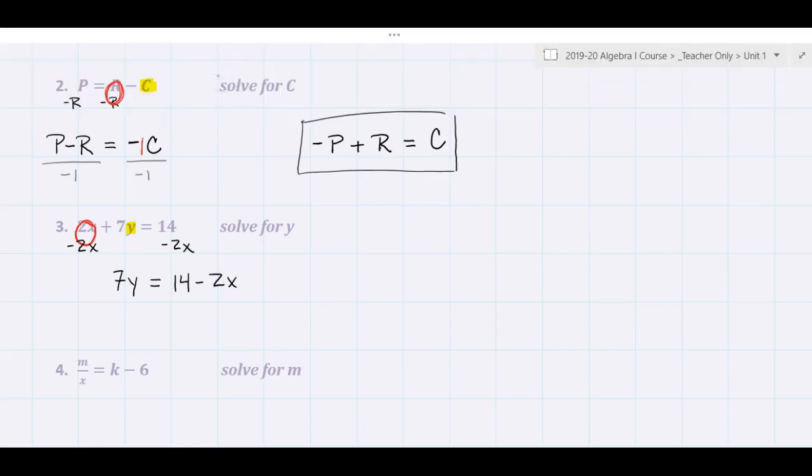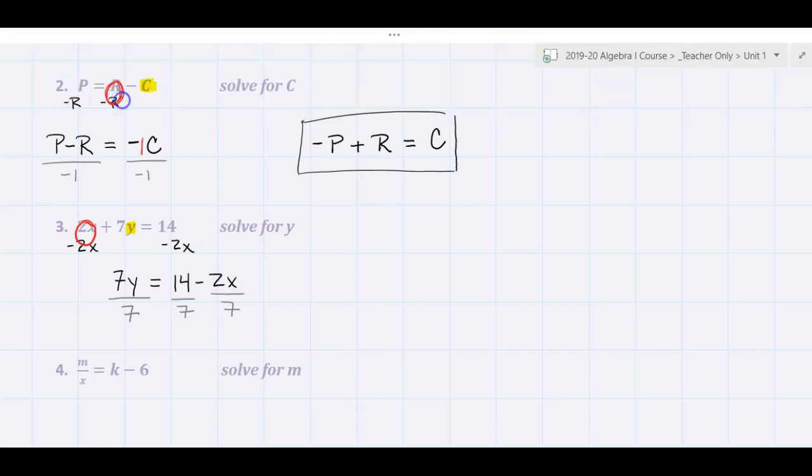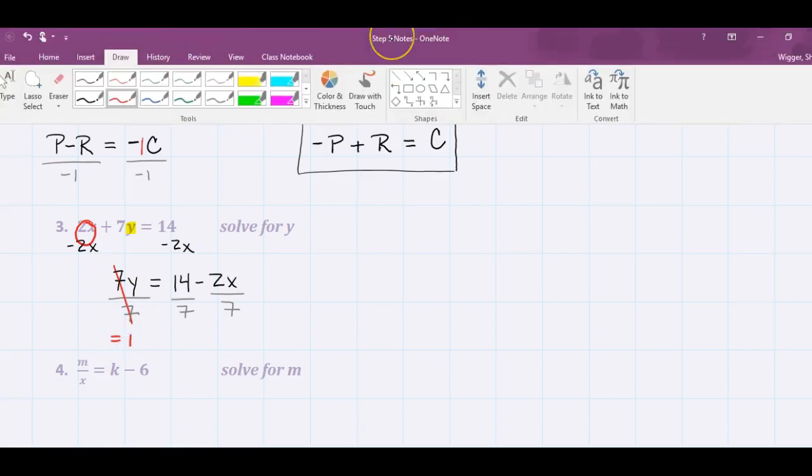Finally, I need to get rid of the 7 that's multiplied by the y. To eliminate the 7, I'm going to divide everything by 7. 7 divided by 7 will leave me with a coefficient of 1 attached to the y.